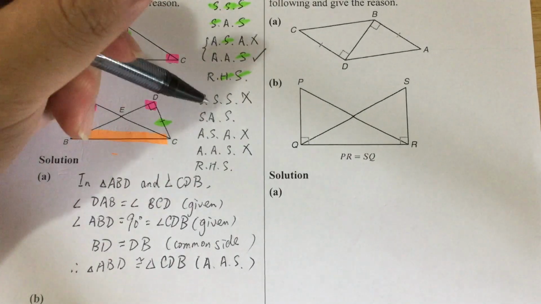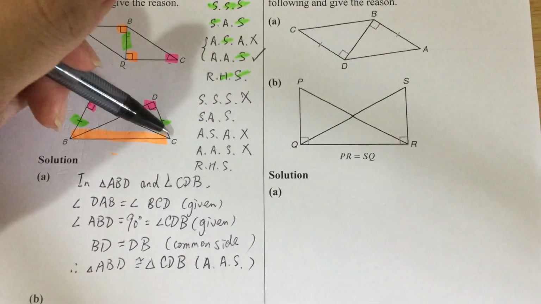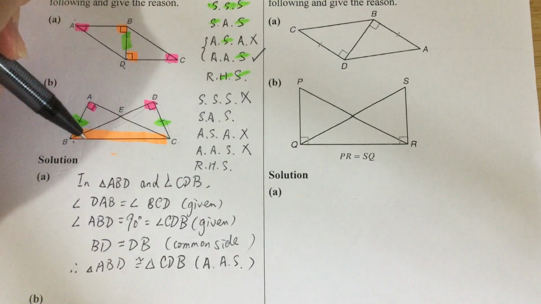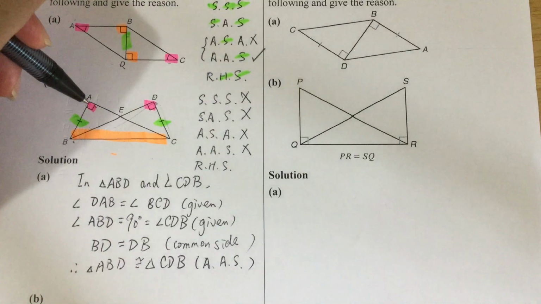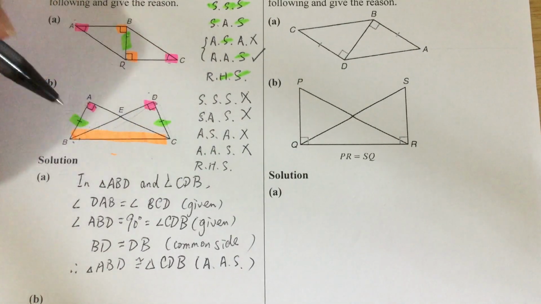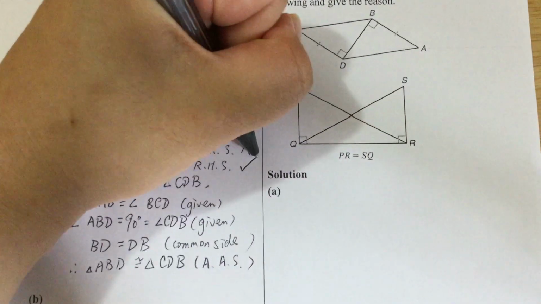So the only way is the SAS and RHS. If I say that this one is SAS, that must be SA, we must choose BD or AC because we must make it as included angle. So this one is also wrong, but RHS is okay because we have right angle, we have the hypotenuse, the longer side, and one S. So I will use RHS to prove part B.